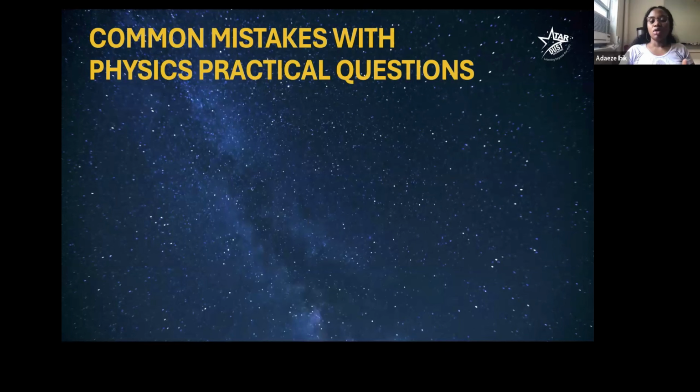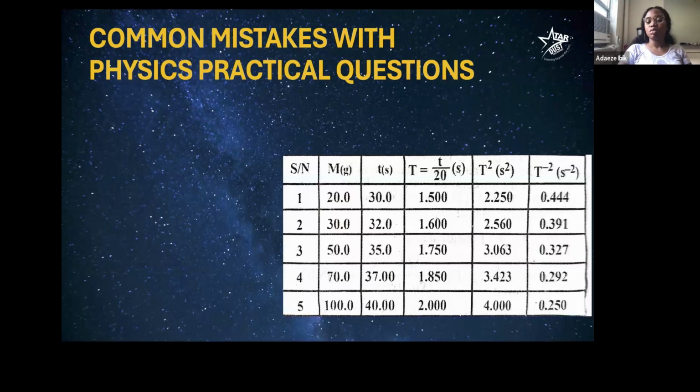Now, let's assume you've done this experiment, you've recorded everything, and you have your tables. Let's look at this table carefully. The table has mass, so you are changing mass as you are recording the different times of oscillation, which is your T. So this table as is is okay.